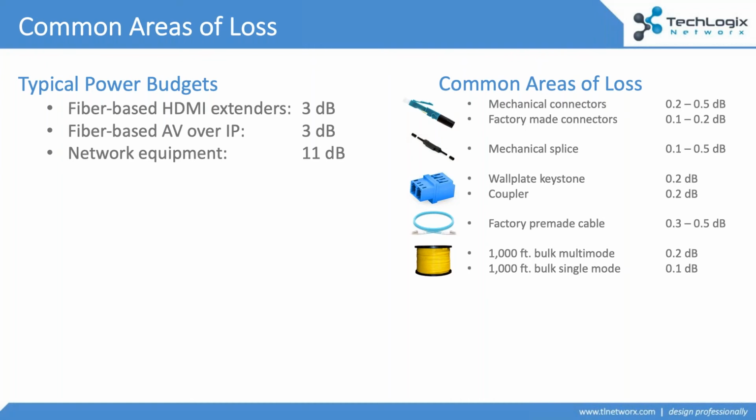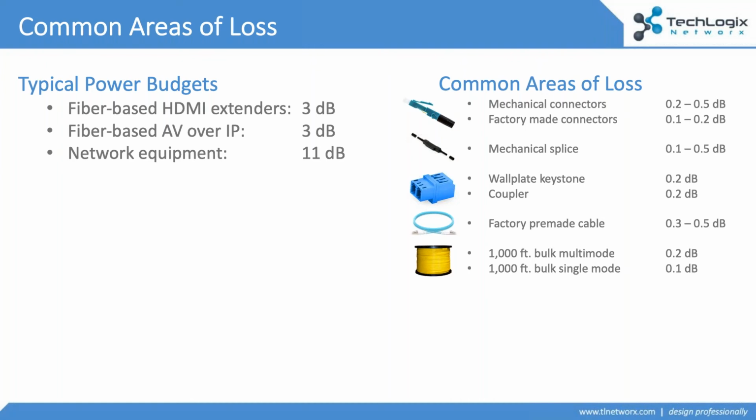Networking equipment is far more tolerant. Networking equipment, at a minimum, usually can tolerate up to 11 dB of loss. There are some devices out there which can handle a lot more. I've seen these with 21, 22, 23 dB of loss, because what happens with a network device, if you got a bad connection, it doesn't die. It just slows down. Your performance will slow down.